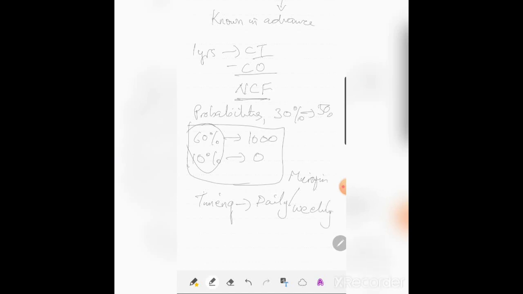So we call this kind of payment models continuous cash flow models. Continuous means very regular, very frequent cash flows which are happening. So this is a very brief introduction to the cash flows.